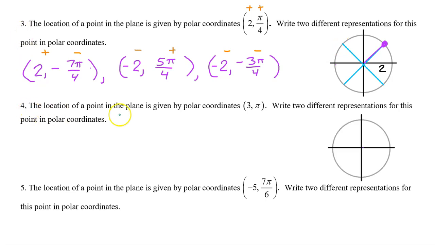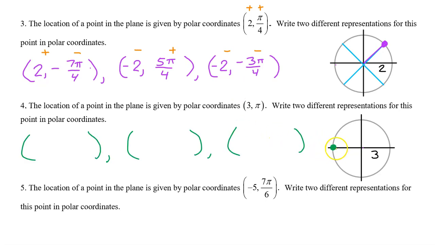Number 4. Let's write 2 or 3 different representations for the point with polar coordinates 3, pi. Let's assume that the circle drawn has a radius of 3. Pi radians means we will rotate a semicircle, landing right here.